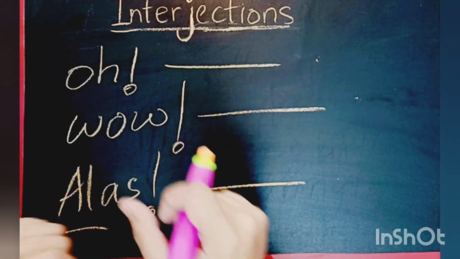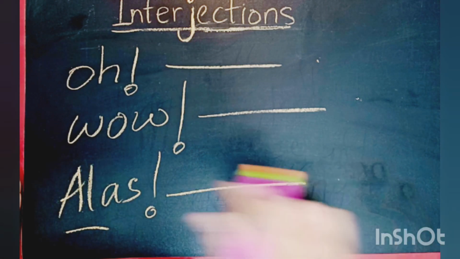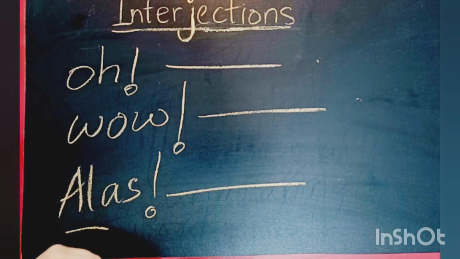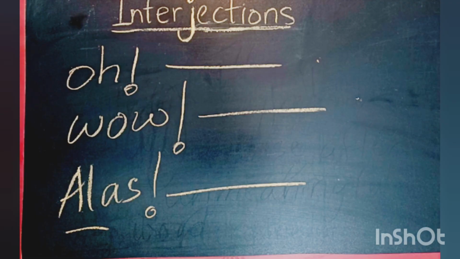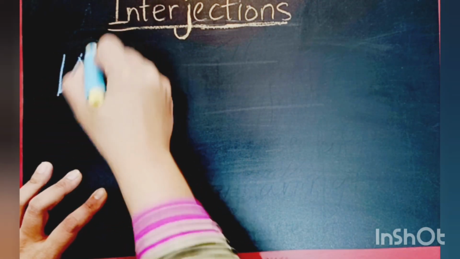It actually conveys the emotions in a negative form. Let me teach you all these interjections with the help of examples so that you will properly know the purpose of using interjections and what they actually mean. Let me teach you these words separately.